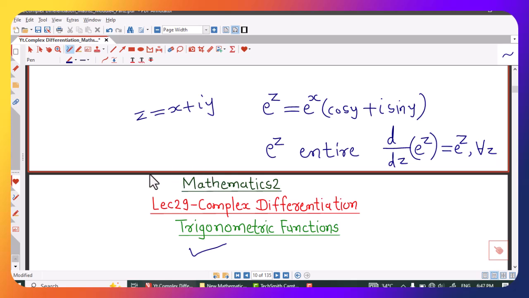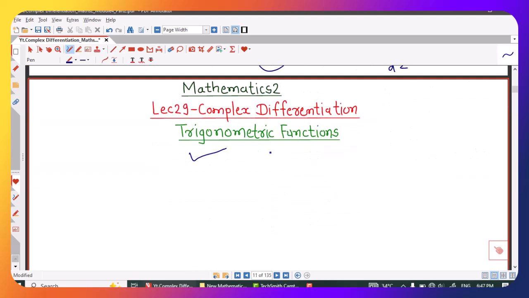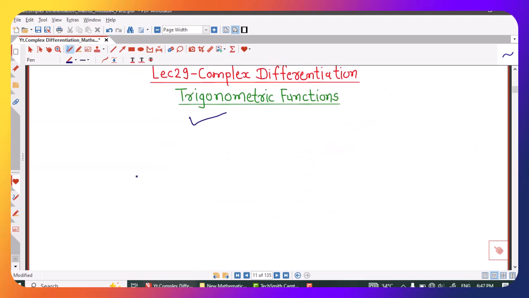Now, to define trigonometric functions, we are going to use this exponential function e raised to z, especially for defining the complex cosine function cos z and the complex sine function denoted by sin z.